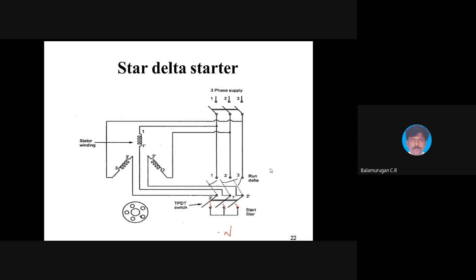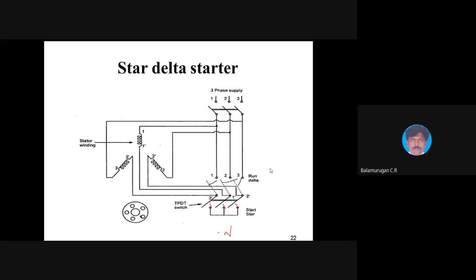Next class we'll discuss the rotor resistance starter and the soft starting of induction motor. Rotor resistance is generally used for the slip ring induction motor. And what is the soft starter? Are you having any idea? Soft starter or solid state drives. It means you are not going to have any moving contact.